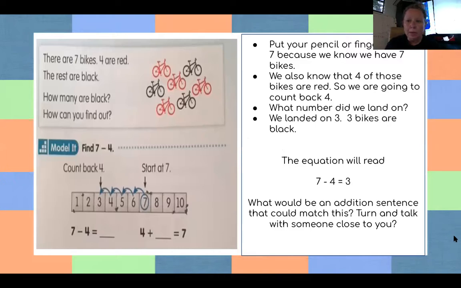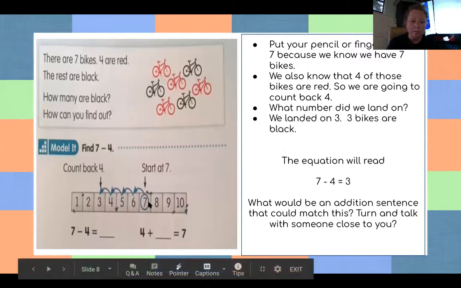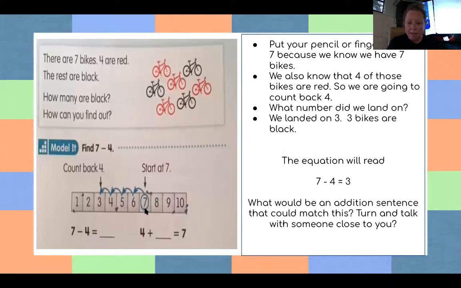You can put your pencil or finger on the 7 on the number line because we know that we have 7 bikes. We also know that 4 of those bikes are red. So we can count back 4. We start with 7 bikes. Watch me. 1, 2, 3, 4.